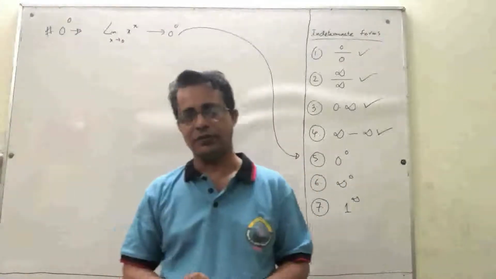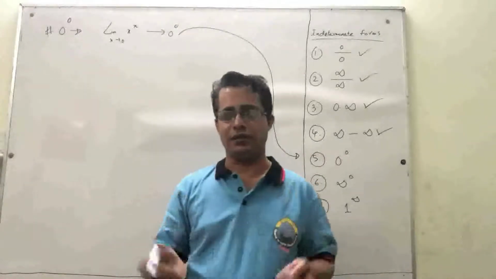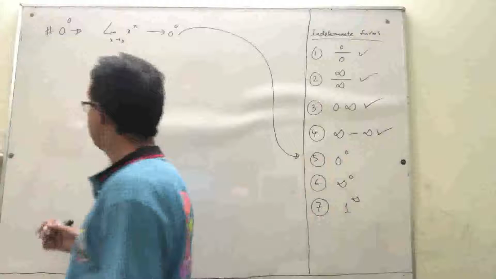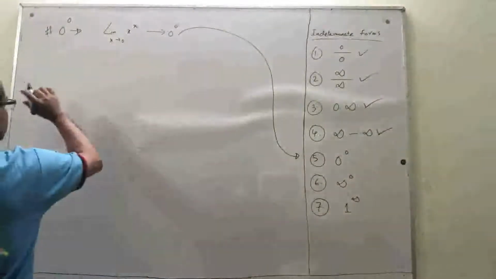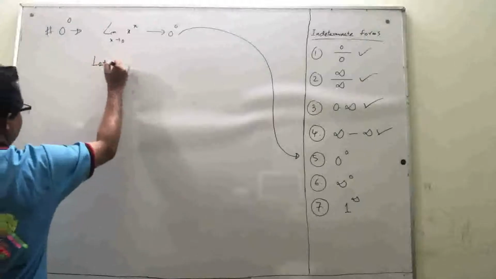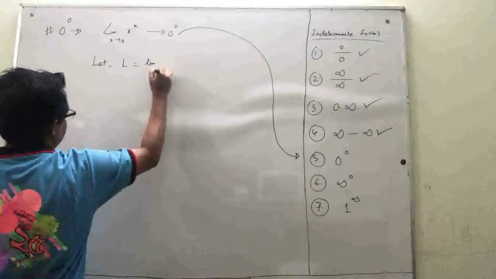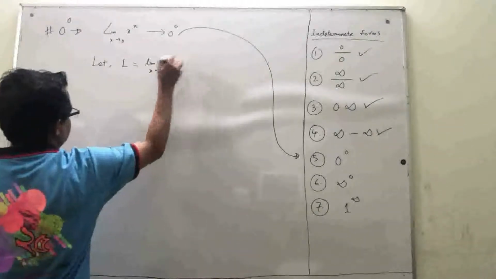In that case, we can take the help of natural logarithm. Let the limiting value of this given limit equal L. Let L equal limit x tends to 0, x to the power x.